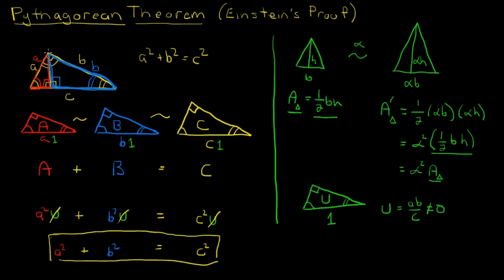Only with a right triangle can you divide the triangle into two similar triangles, because these two angles are equal to 90. These two angles are likewise equal to 90, and in fact they're equal. And that creates three similar triangles which are scaled by a, b, and c respectively. That means their areas are scaled by a squared, b squared, and c squared, and that is why the Pythagorean theorem is true. Thank you very much.